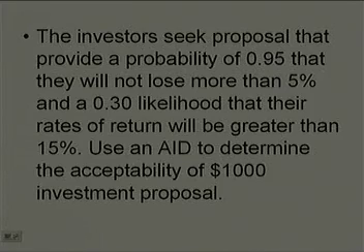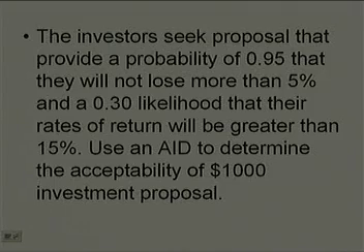Besides this condition, he is also interested in ensuring a chance of 0.3 that his rate of return will be greater than 15%. So there are two conditions: probability of 0.95 that he is not going to lose more than 5%, and second, he wants a probability of 0.3 that his rate of return is greater than 15%.